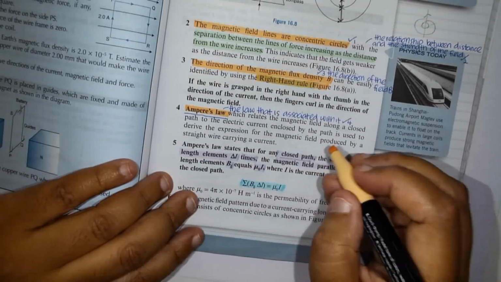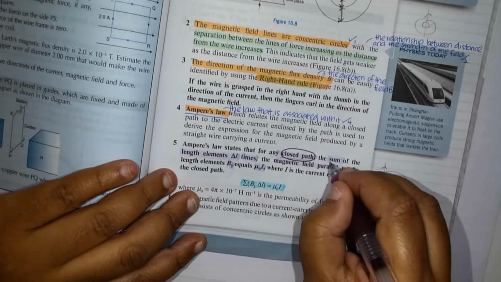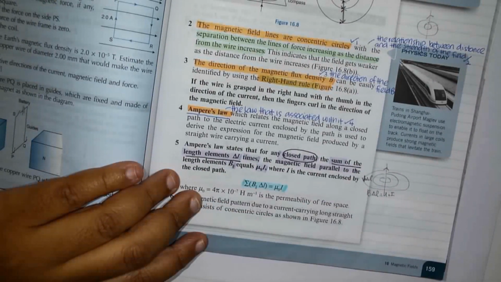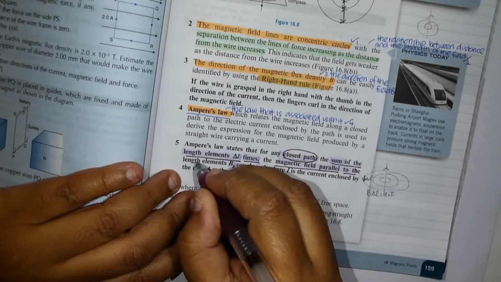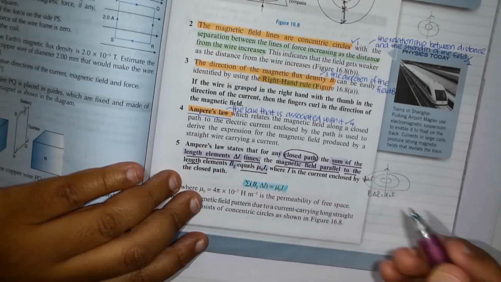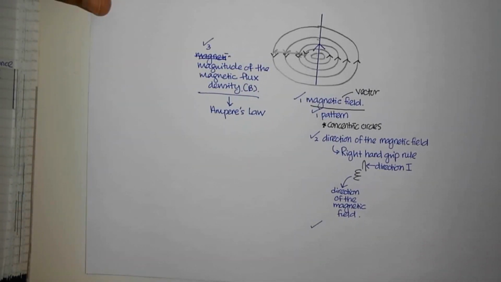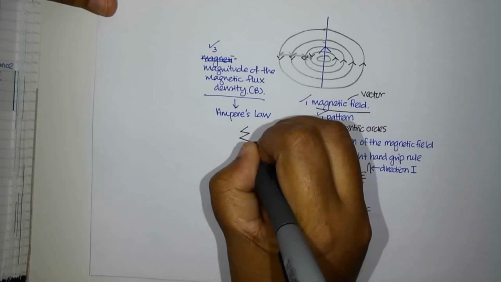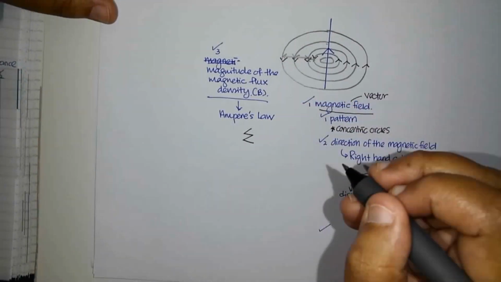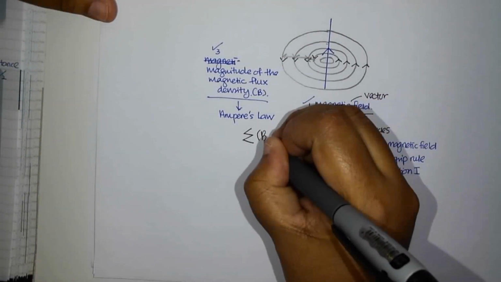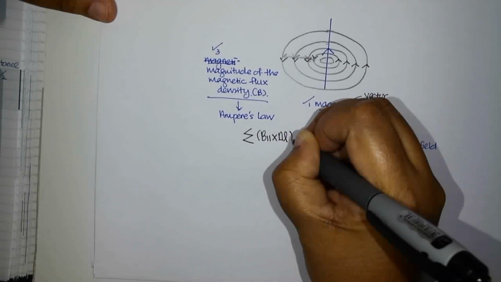It says that for any closed path, the sum of the length element delta L times the magnetic field parallel to the element equals something. Ampere's law says the sum of the length element times the magnetic field parallel, so B parallel times the sum of the length element.